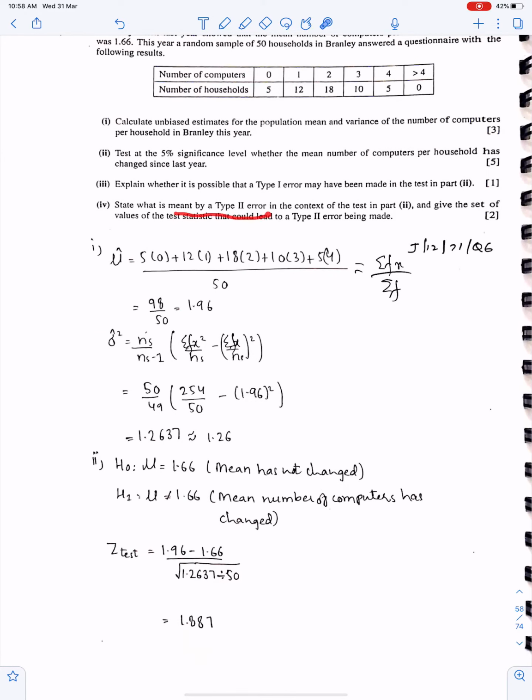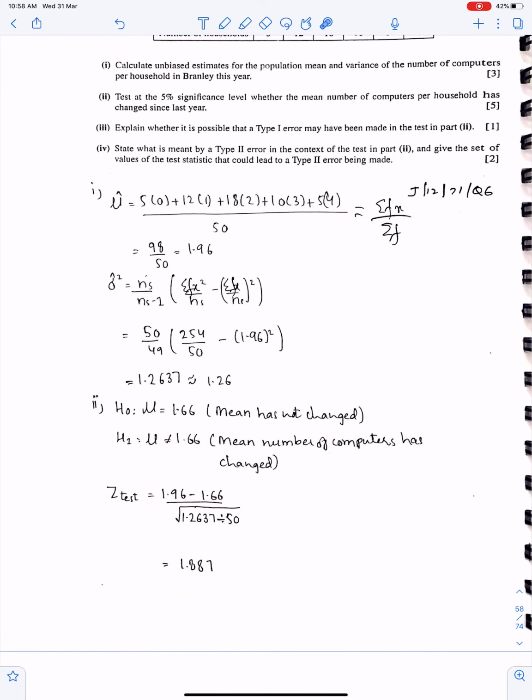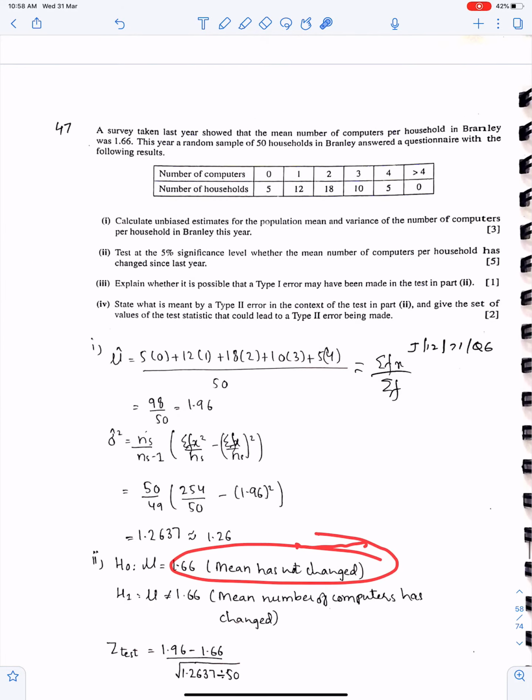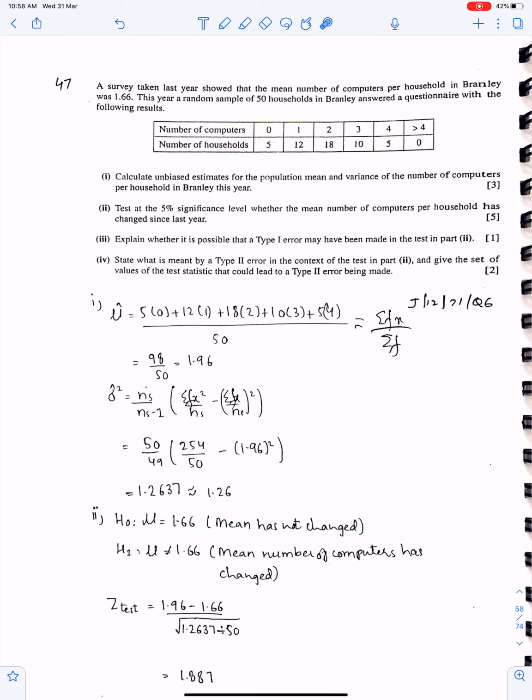State what is meant by type 2 error in the context and give the set of values of the test statistic that could lead to a type 2 error being made. Alright, so explain type 2 with the help of this information: concluding that the mean has not changed when it has. And give the set of values of the test statistic that could lead to a type 2 error being made.